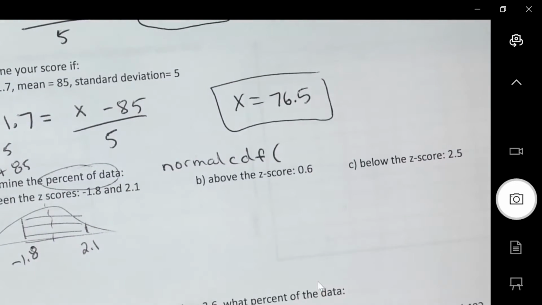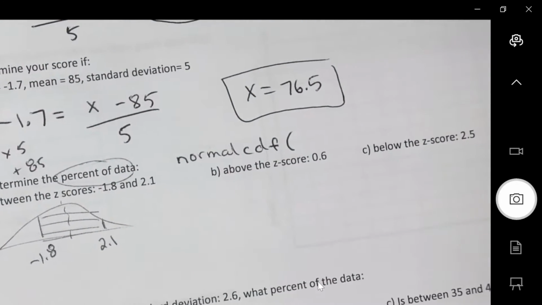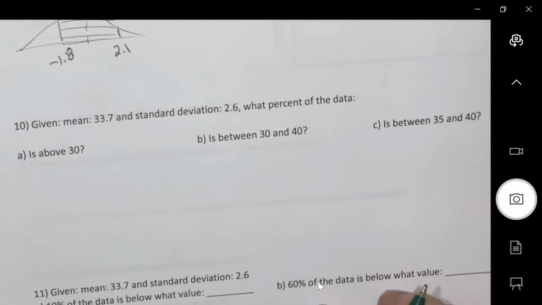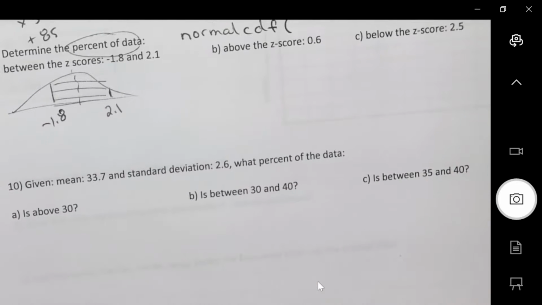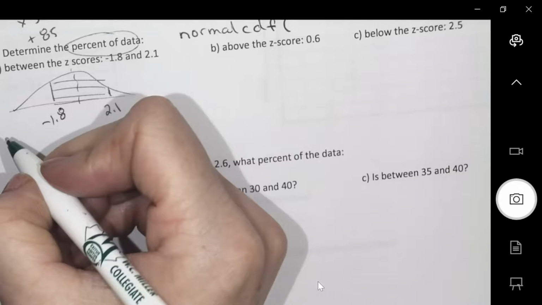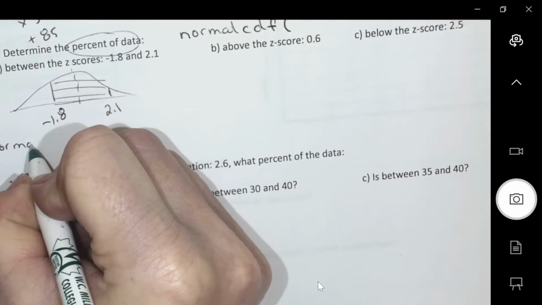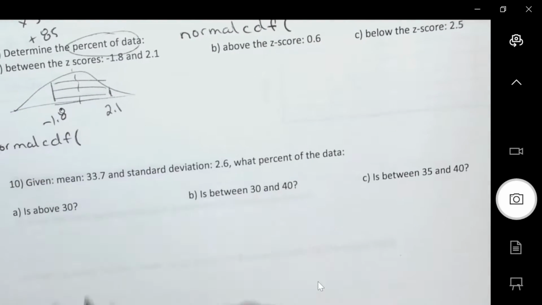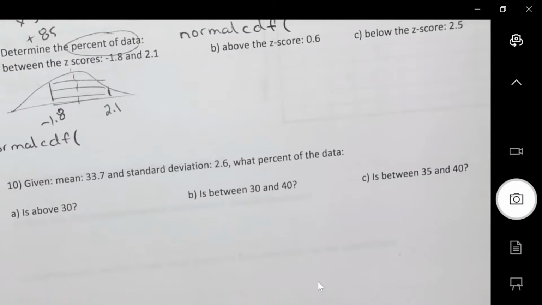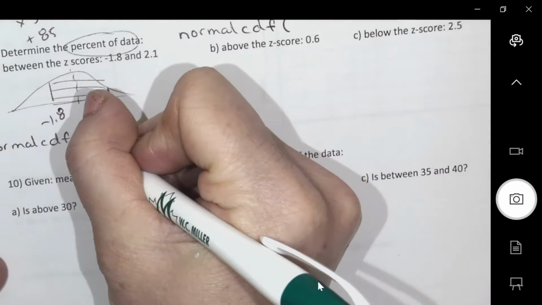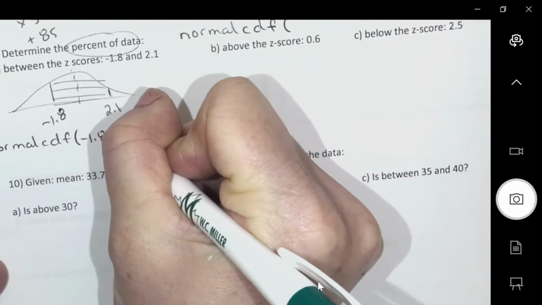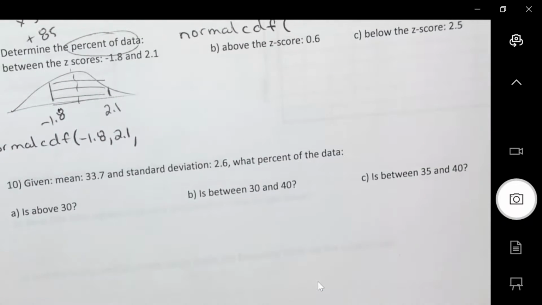Okay, so this is what I'm physically trying to do. So I want the percent between that. So on the normal CDF, how do I write this? And remember, there's 4 things. Low, high, comma, mean, comma, standard.